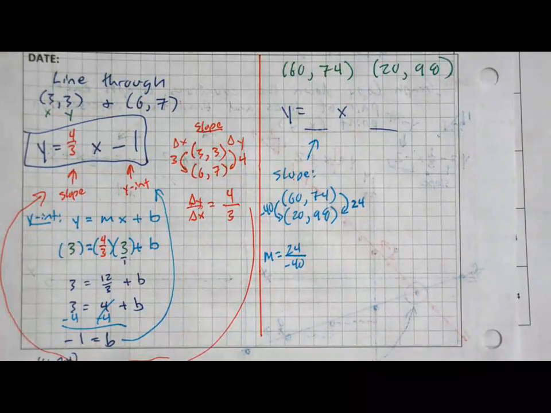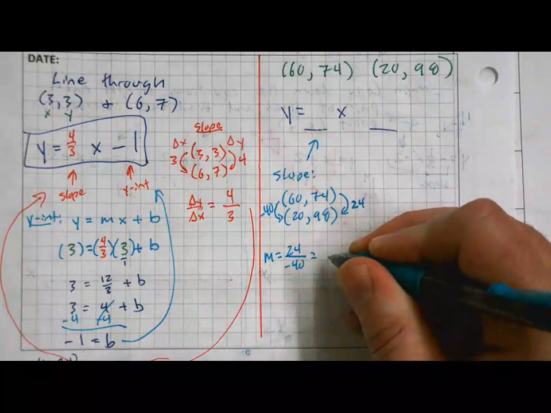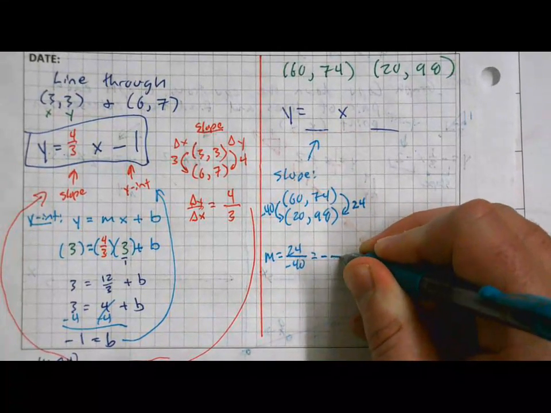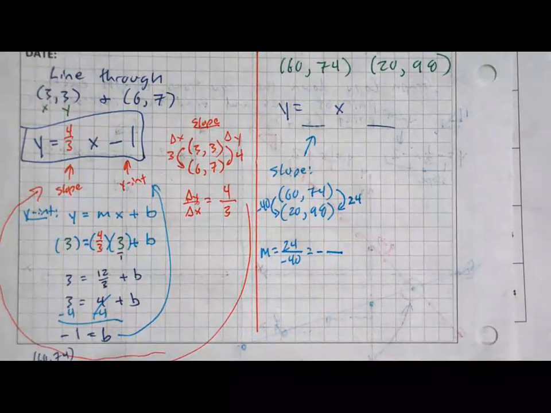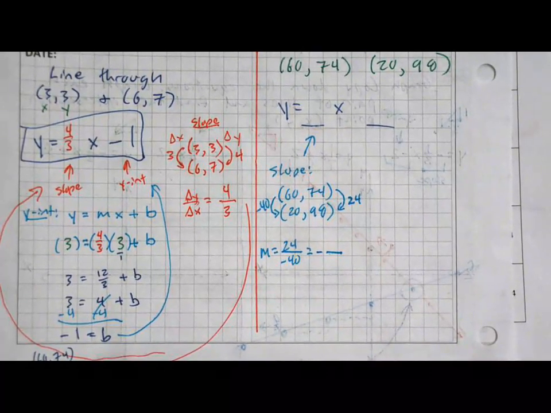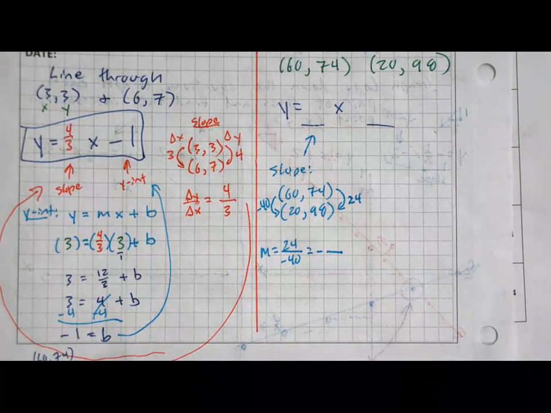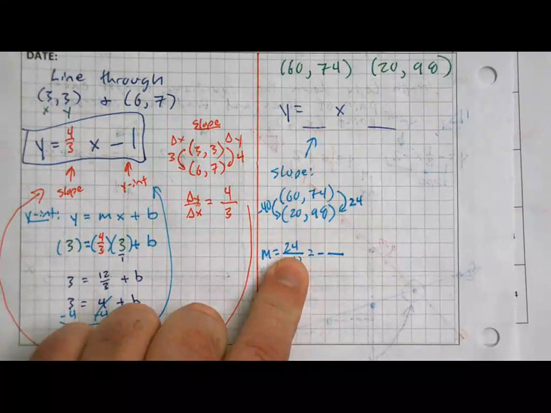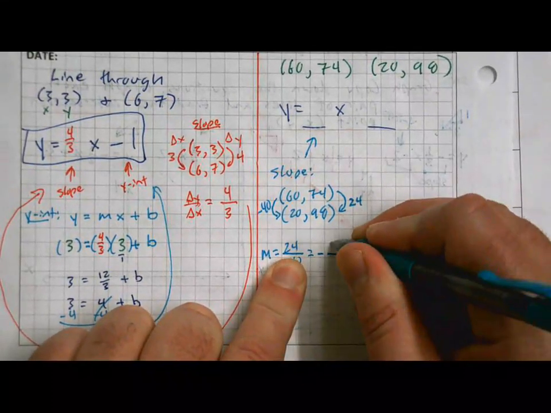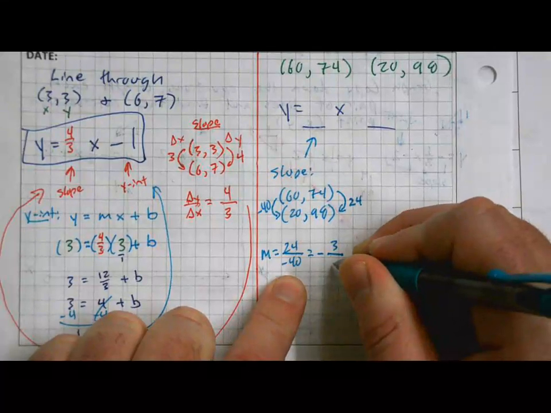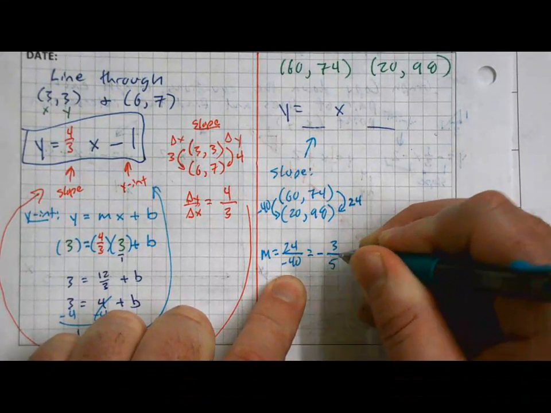All right, we need to simplify that. Someone think of a number that goes into 24 and 40. 2 goes into both of them. Is there something bigger? We could do 2, but then I think we're going to have to do some other stuff. Does 8 go into both of them? 24 divided by 8 is 3. 40 divided by 8 is 5.